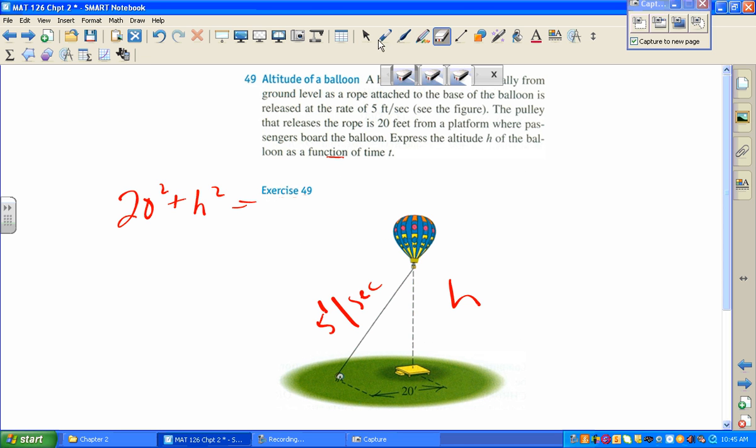So we just put 5 feet per second. Why can't you put that in there? That's not a distance, that's a rate. These are lengths. Now the 20 is not changing, is it? No, so that's changing and that's changing. Now you have distance over time, now you have a rate.